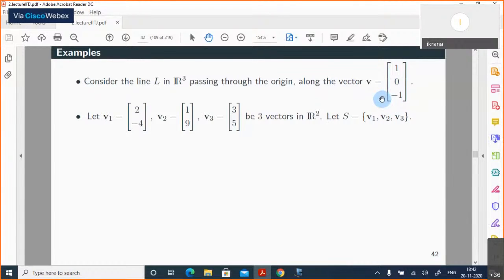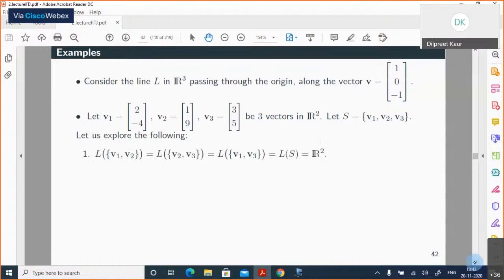Okay. Let us take three vectors v1, v2, v3, each with two components, and S is the set of v1, v2, v3. Let us do this exercise now.